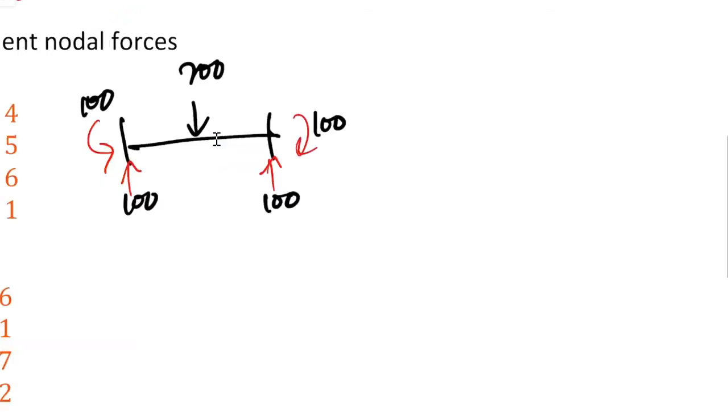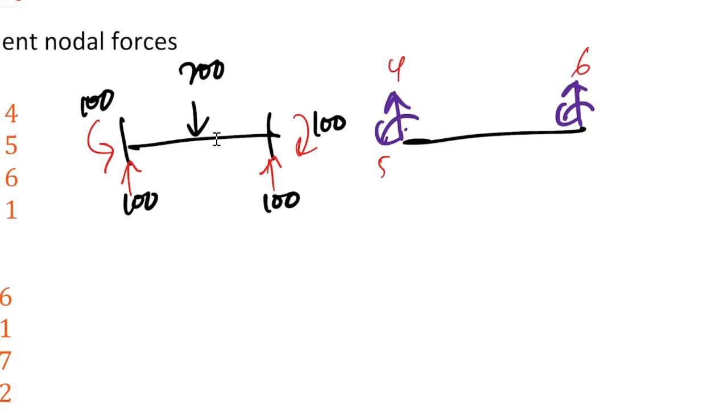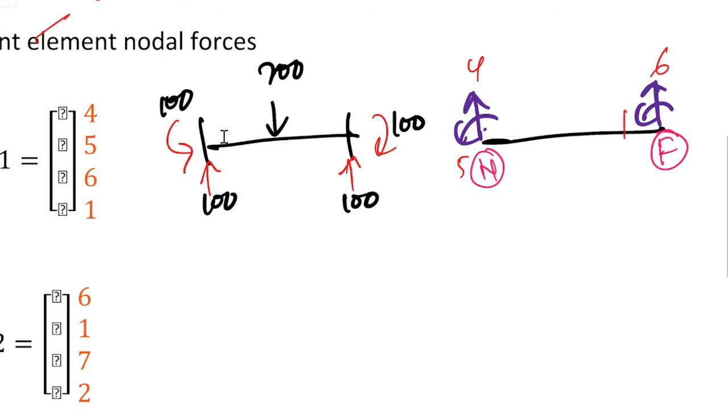So what we need to do is sketch the labels: it is 4, 5, 6, 1, because this is the near end and this is the far end. By comparing this, we need to put the value. Okay, we do it one by one.